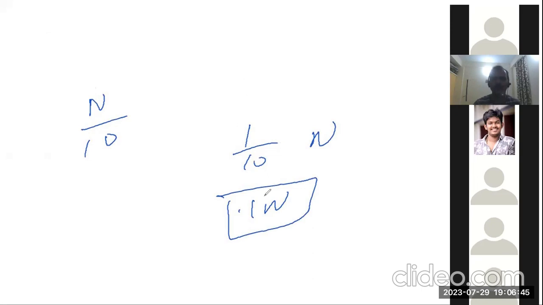Do you know how to prepare a normality solution? Suppose you want to prepare a 1N HCl solution, how will you prepare it? Sir, the standard HCl normality is around 12 normal. N1V1 is equal to N2V2. Very good.